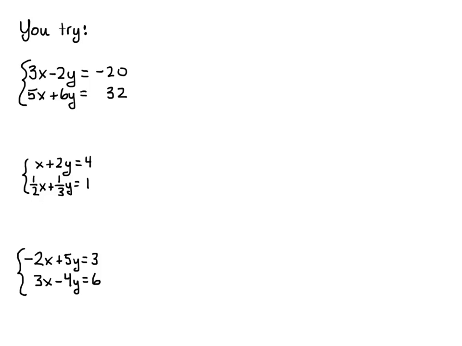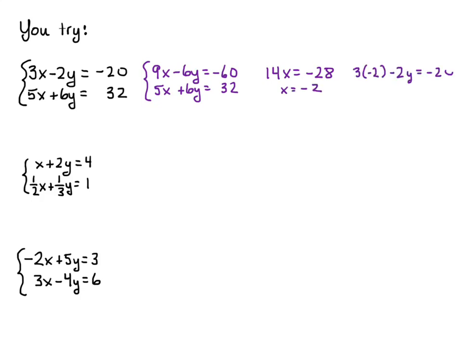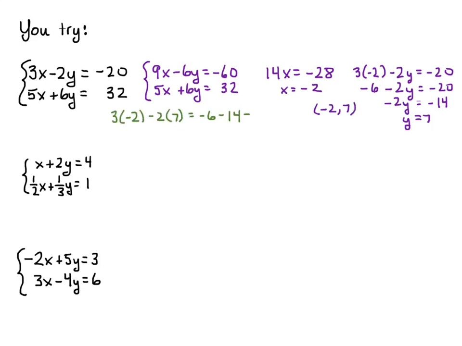Okay, so we'll just kind of march through the solutions here. You may have done it slightly different, which is fine, so long as you get to the same answer. So we have y equals 7, -2, 7. At least one person didn't get it right.